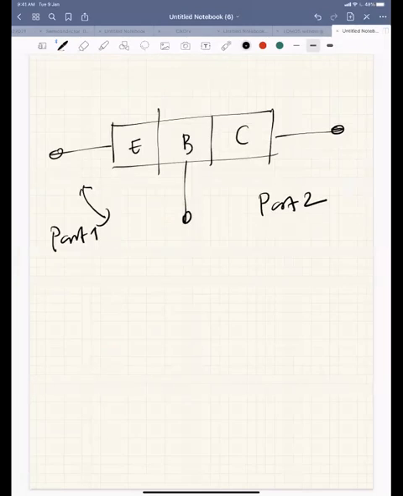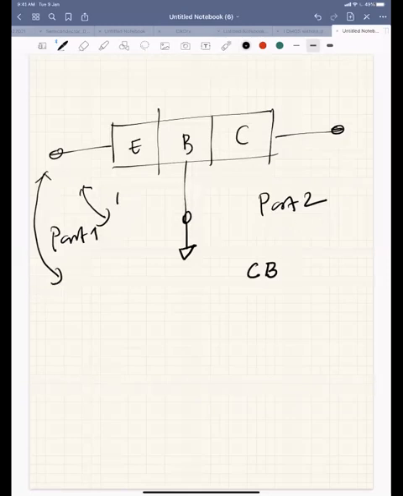Since there are 3 terminals, I could make 1 terminal always common. If my base is common, then I'll give my input voltage to the emitter and I'll take the output voltage from the collector. That is the common base configuration. My base is common, so I'm giving my signal to the input port.